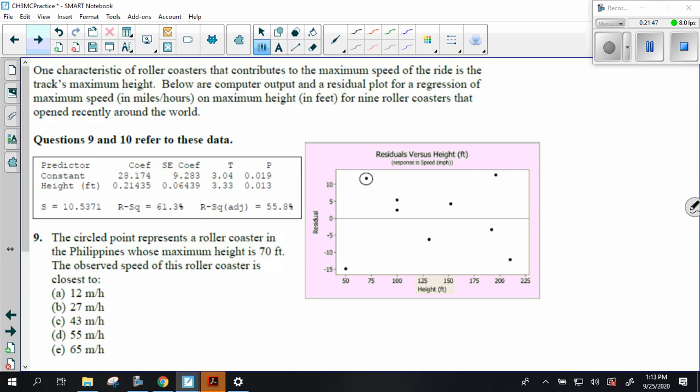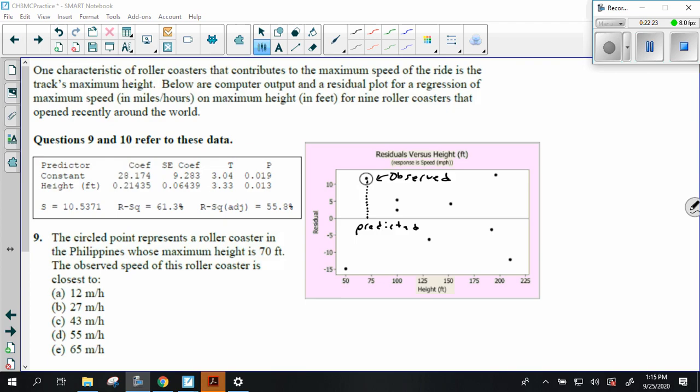So what happened is, this is our predicted, and this is our observed. So our observed value was much higher than our predicted value. So we're going to have to find out what the predicted value is, and then we'll be able to add something like 11 to it. All right, let's find that predicted value.